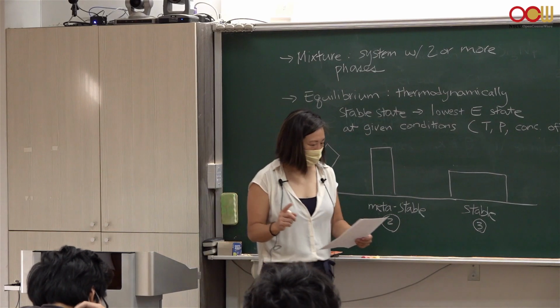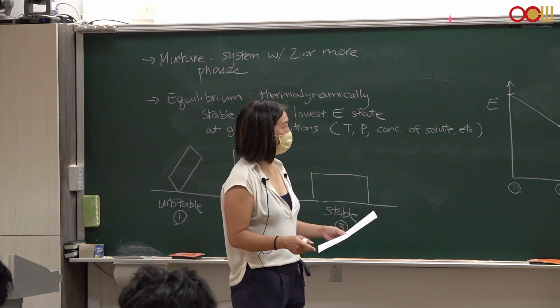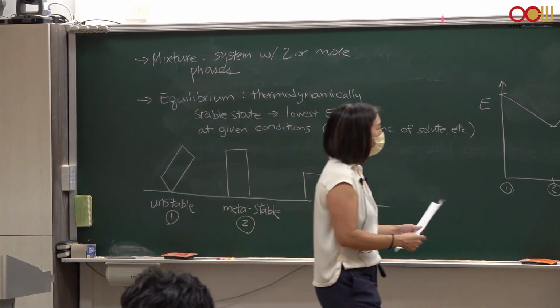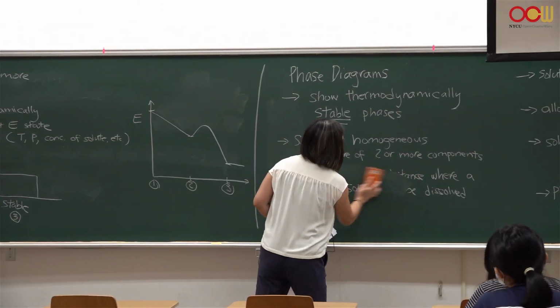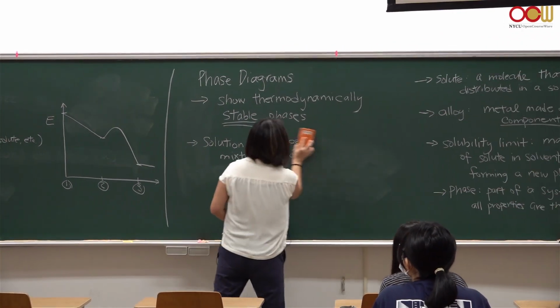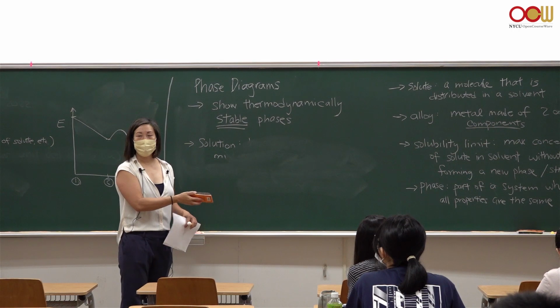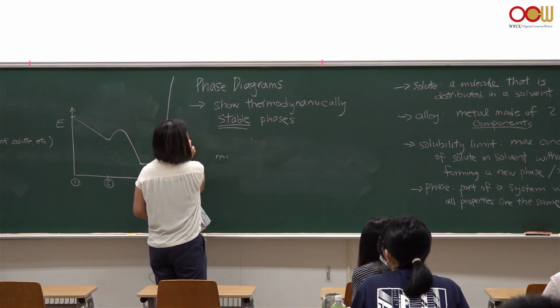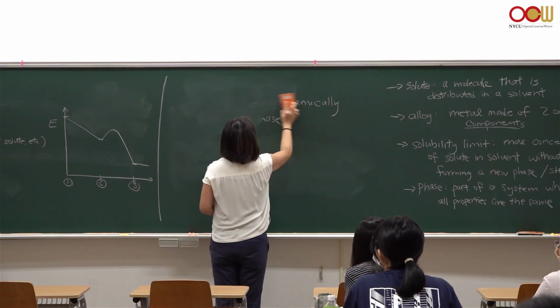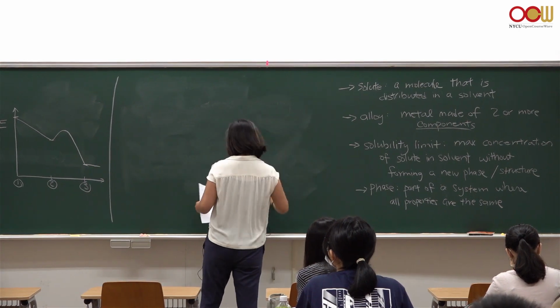So before we go on to more complicated systems, which I will show you, let me talk about what happens when you have more than one component. The water and the iron phase diagrams I showed you were just single component phase diagrams. Let's look at binary or two component phase diagrams.